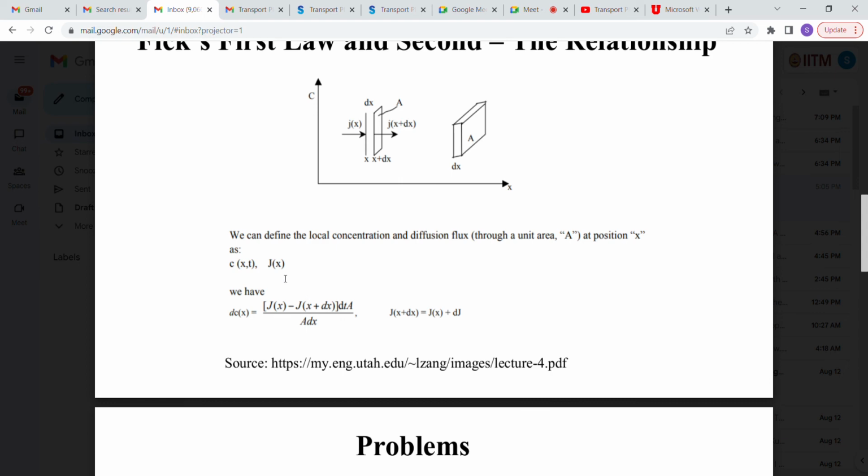The unit of this is number of molecules per unit area per unit time. The unit for this is time, the unit for this is area. So basically area inverse and time inverse in this term get cancelled, and we get the difference in the number of molecules between these two points.